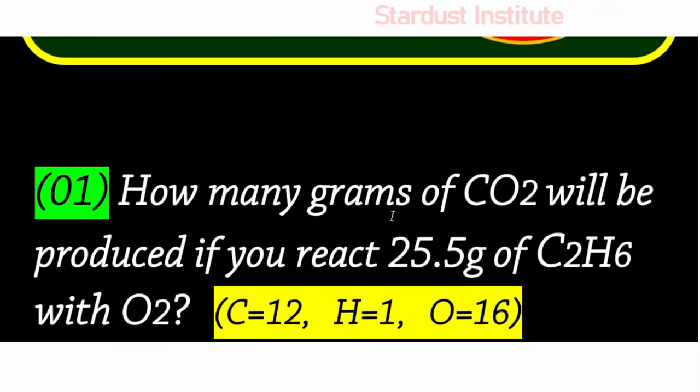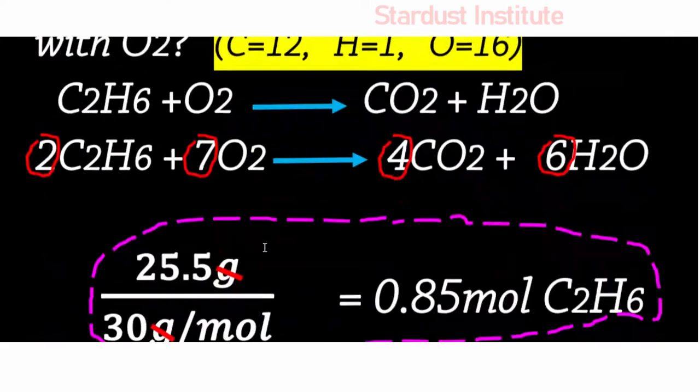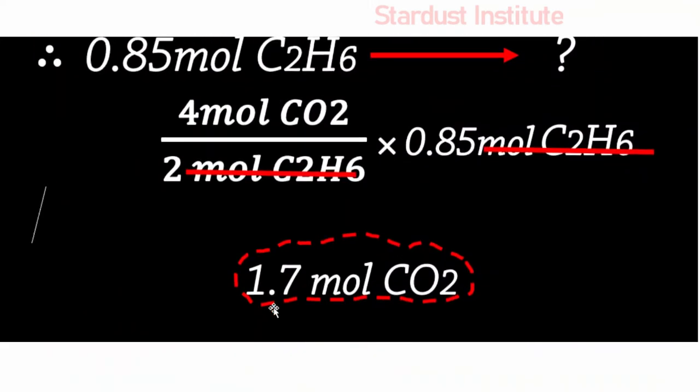But here we have been asked how many grams of CO2 will be produced. Now we have found moles of CO2. It is 1.7 moles of CO2. Now we have to convert this 1.7 moles of CO2 to grams of CO2. We know mass equals number of moles times molar mass.